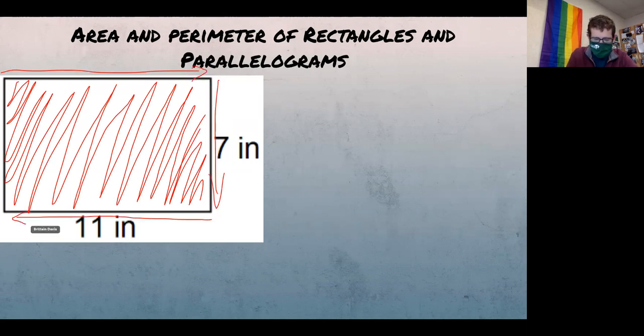An important thing to keep in mind about perimeter versus area is that perimeter is a linear measurement. If you imagine walking around a rectangular field, you can measure the distance you walked by measuring this line plus this line and so on. So the units for perimeter are linear, in this case inches. But when we're talking about area, we can't measure that in a straight line. We have to measure that in 2 dimensions.